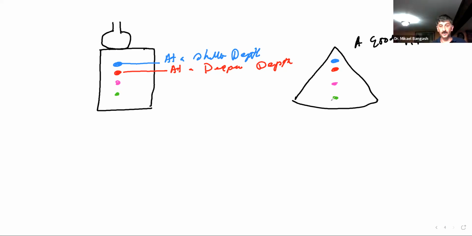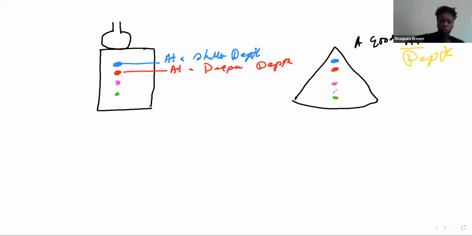And the system is able to show these structures that lie deeper and deeper and deeper to one another distinctly, which means that you have a good axial resolution. This axial resolution could also be referred to as depth resolution, which mainly means the ability to show structures distinctly in depth.